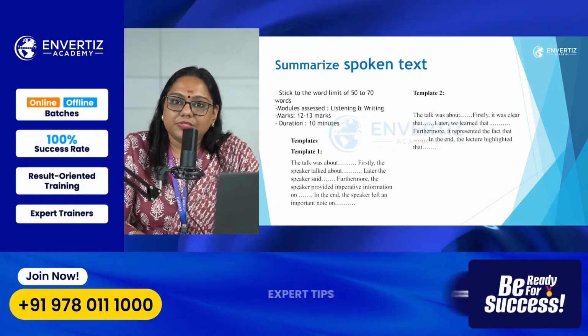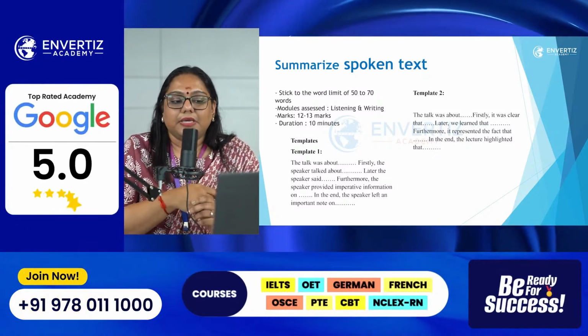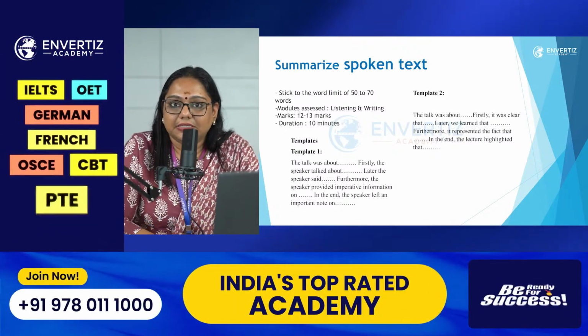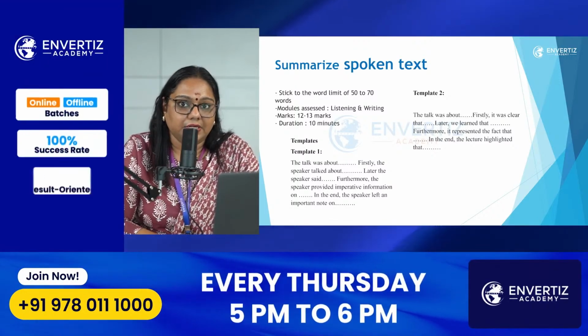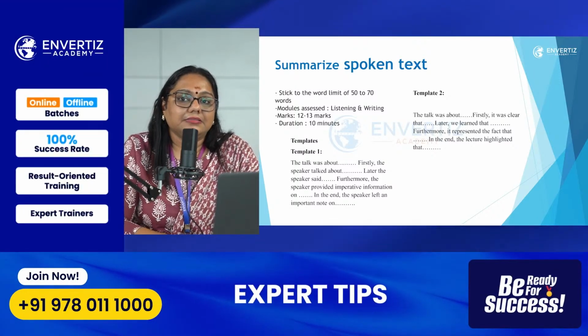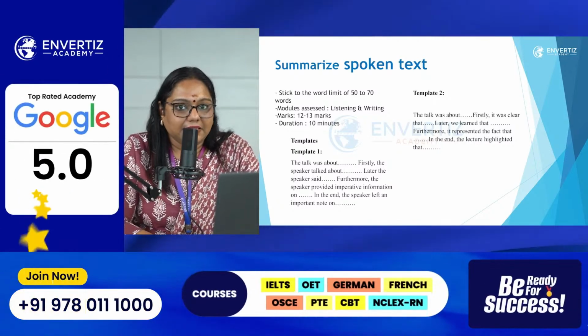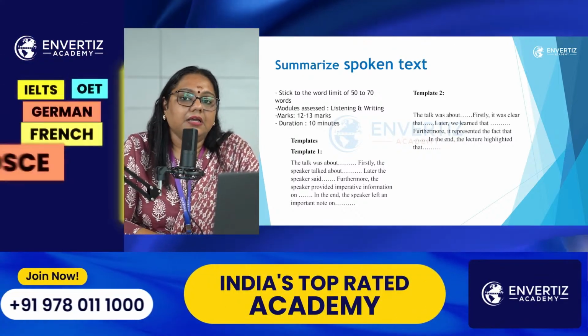Now, in summarize spoken text, the few things that you need to take care of is to make sure that you're taking notes very properly, because when you're listening, it is natural that you will write all of the information. Whatever you're hearing, the chances are quite high that you'll write all of it. It is fine, but after that, just organize it properly.